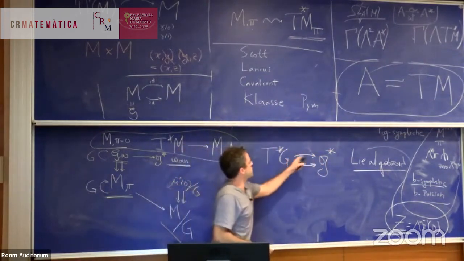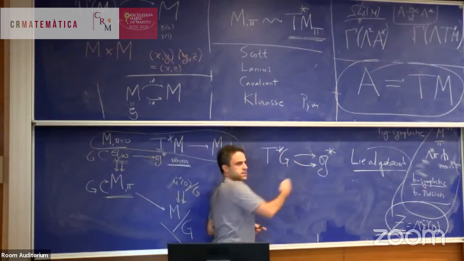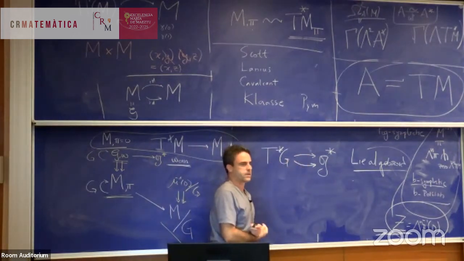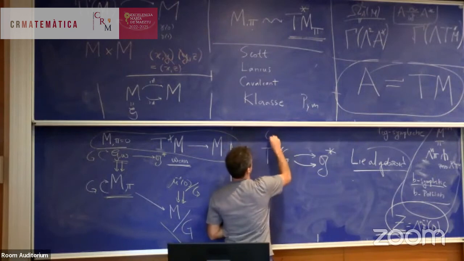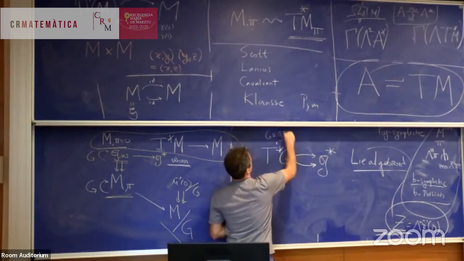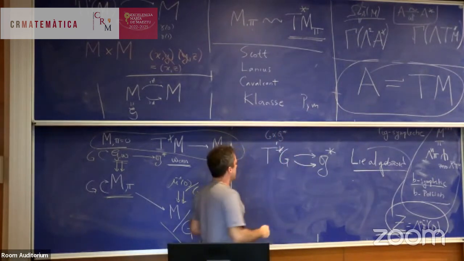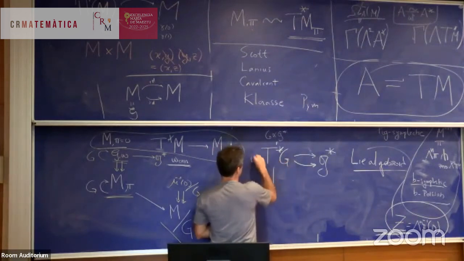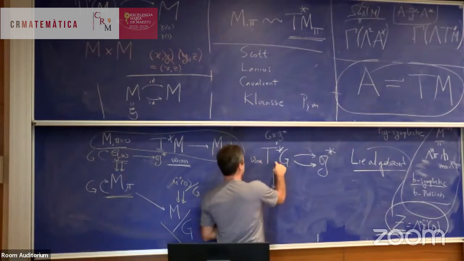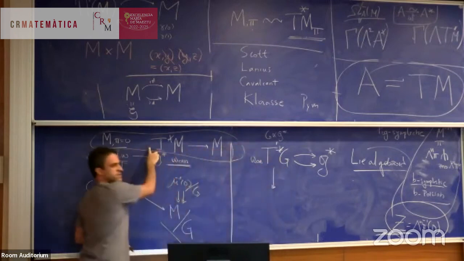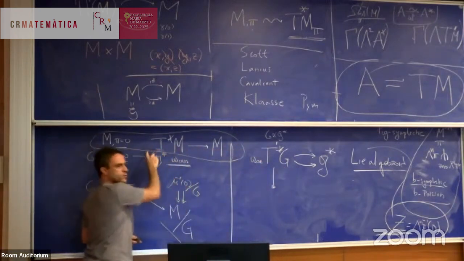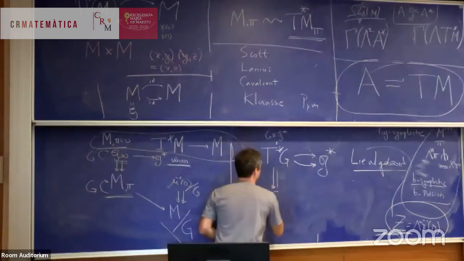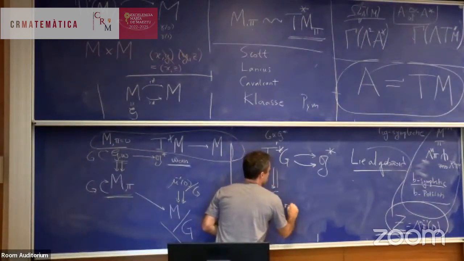And here the source and target are left and right translations, and the multiplication comes from the adjoint action. Okay, but remember, this guy is also a symplectic groupoid, and this was with the canonical form. And this guy, because of this simple example, is also the symplectic groupoid of G with a zero Poisson bracket.